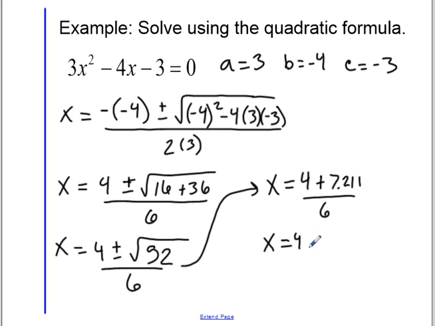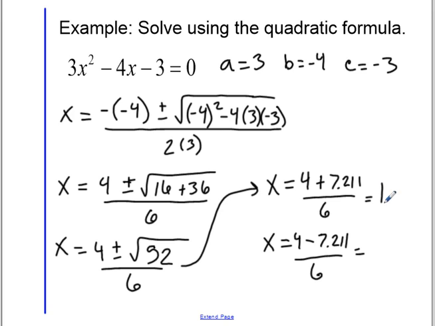And the other problem we need to do is 4 minus 7.211 divided by 6. So my calculator, I type in 4 plus the square root of 52 equals divided by 6.